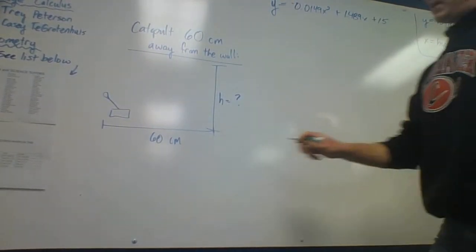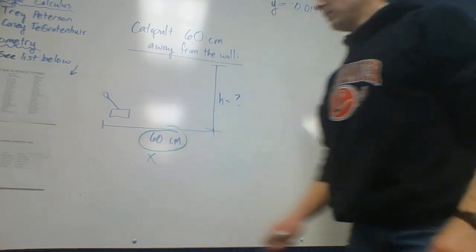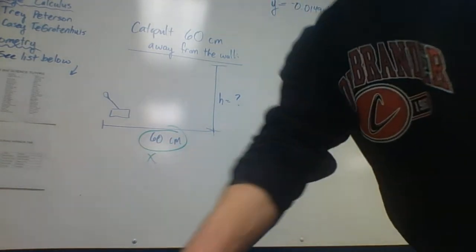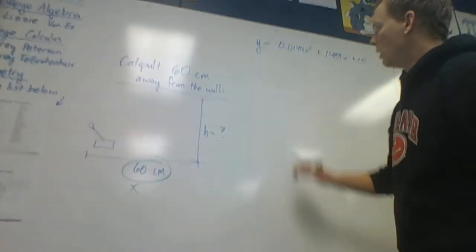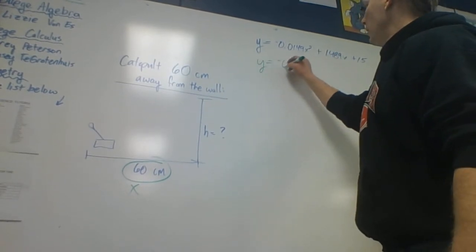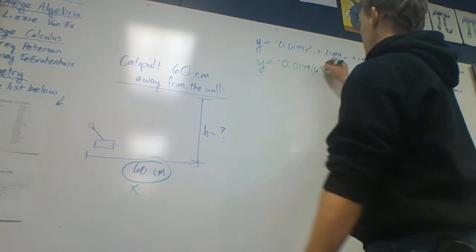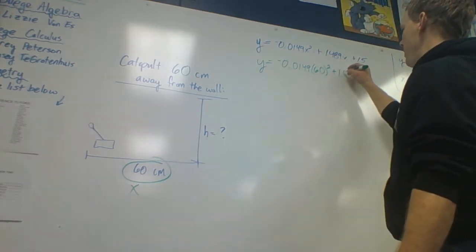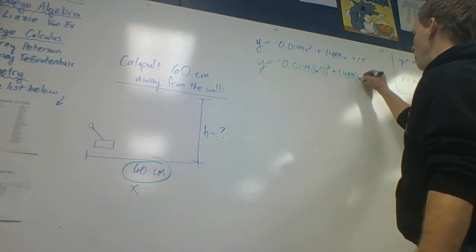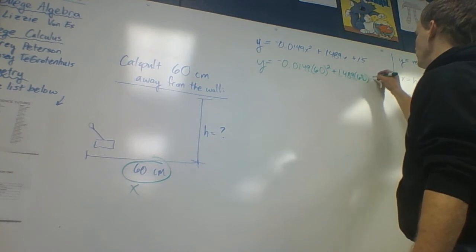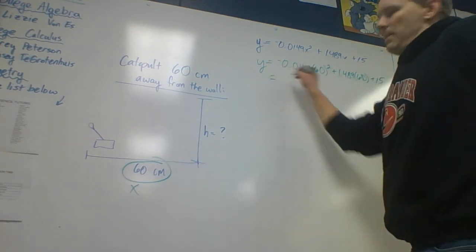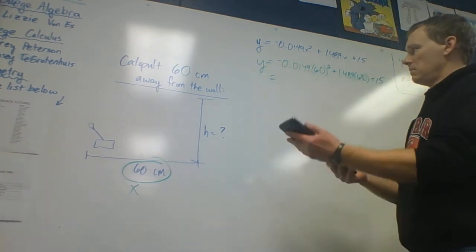Hopefully you can see this okay. Well, think about it. We're given an X value, right? So all you're going to do in this case is plug the 60 centimeters in for the X and solve that. I didn't solve this ahead of time.